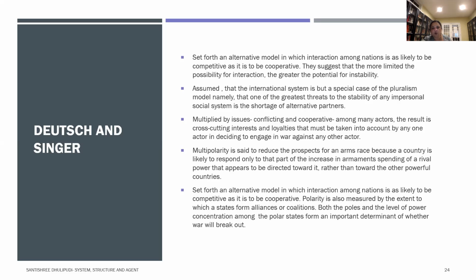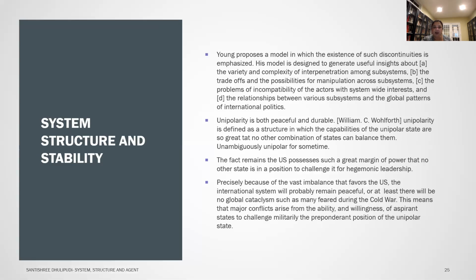Polarity is also measured by the extent of states' willingness to form alliances and coalitions. Both the poles and the level of power concentration among the polar states form an important determinant of whether war will break out.